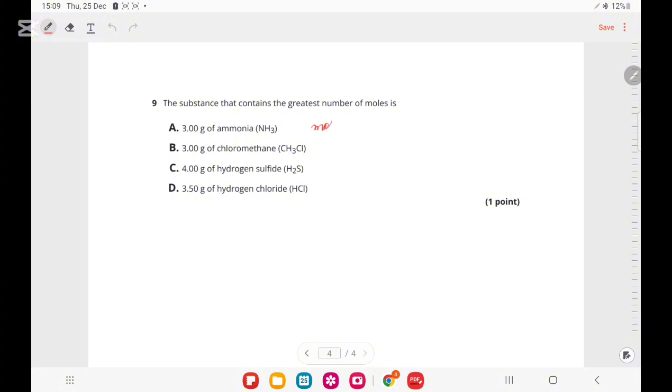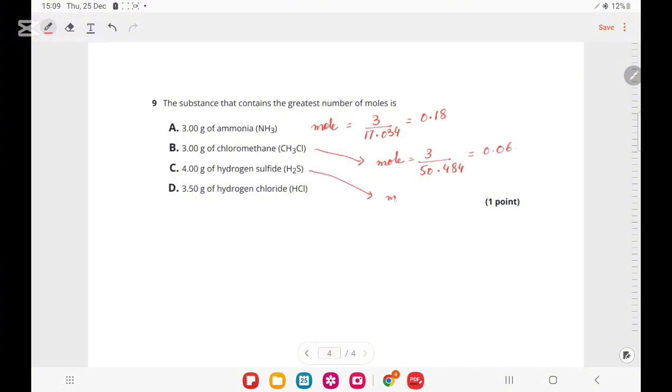So mole here is going to be mass, which is 3 grams, divided by the molar mass of ammonia, which is 17.034, and that comes out to be 0.18. For CH3Cl, mole is equal to mass, which is 3, divided by 50.484, and that comes out to be 0.06 moles.